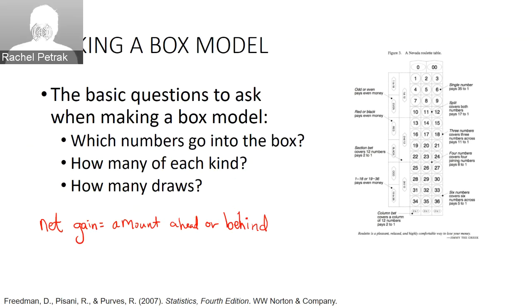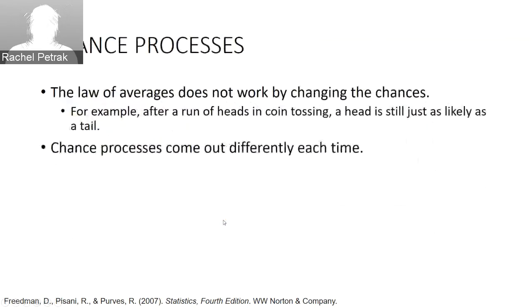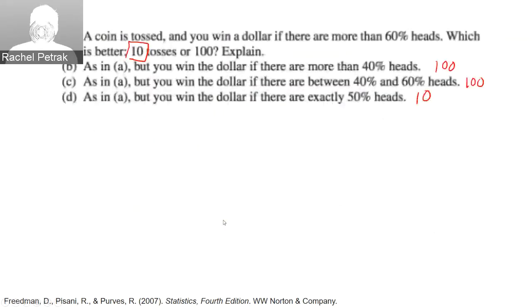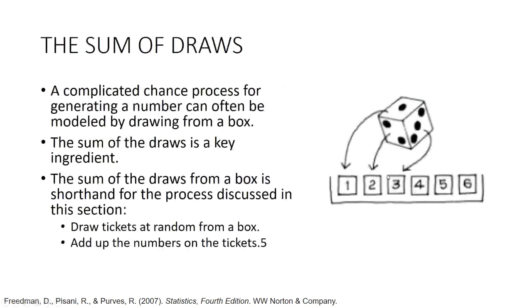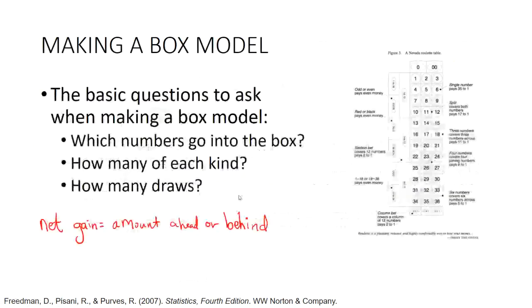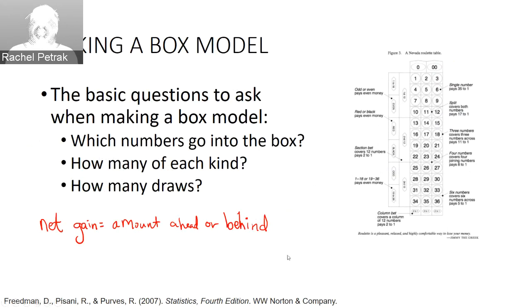Well, this idea goes back to what we were just discussing earlier, which is this chance error. So yeah, your net gain is more likely to have a higher absolute value for 10 trials than 100.